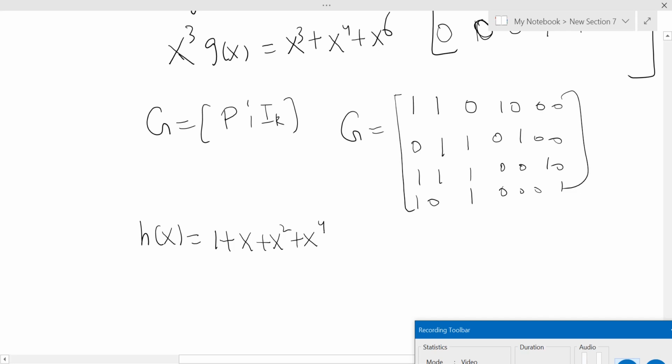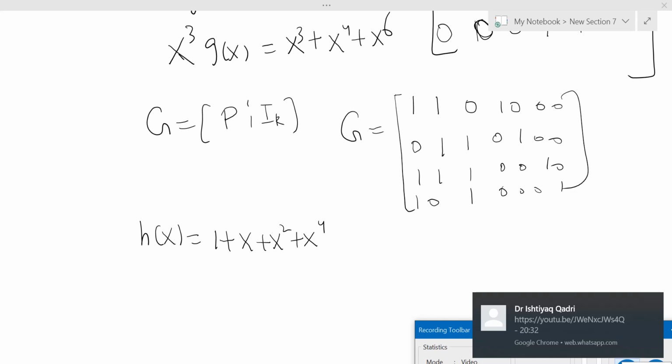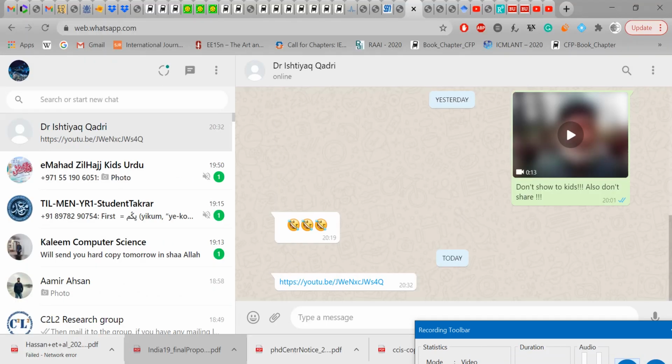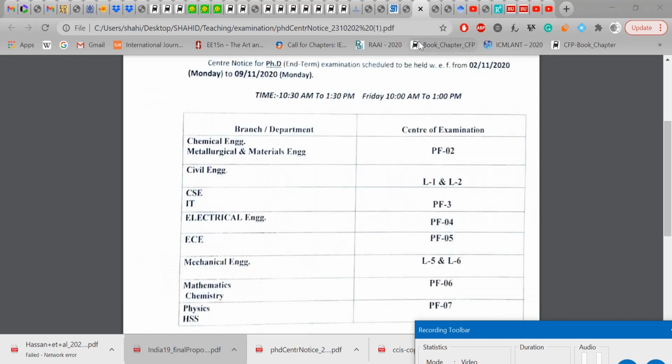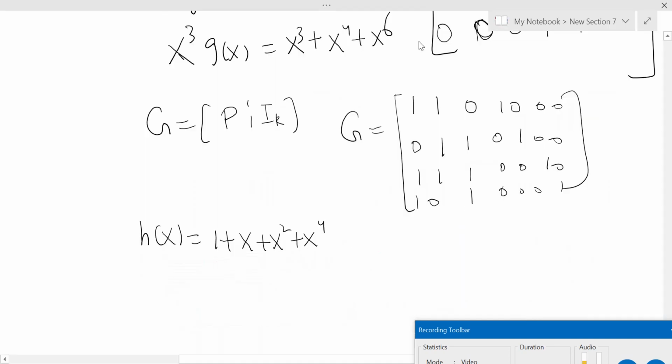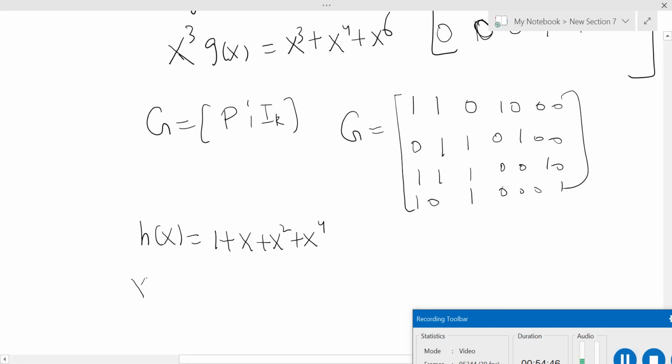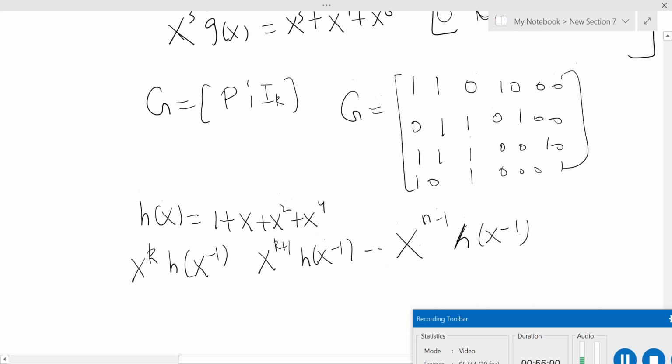So the way of generating the parity check matrix is, first you have to compute x to the power k h of x inverse, then x to the power k plus 1 h of x inverse, up to x to the power n minus 1 h of x inverse.